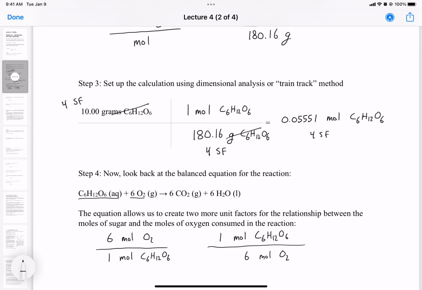But since we're using this calculation further, you can keep a few extra digits if you like. I'm not too worried as long as you keep the appropriate number of sig figs in your intermediate answer. You'll be fine.